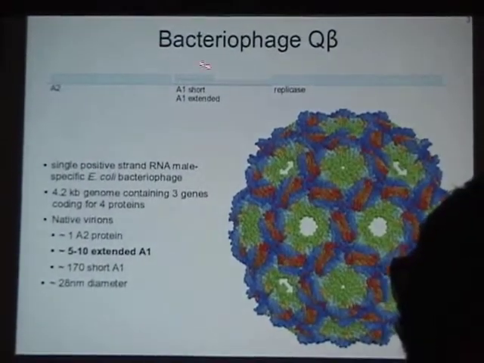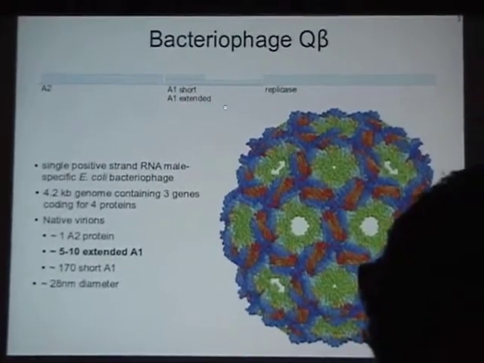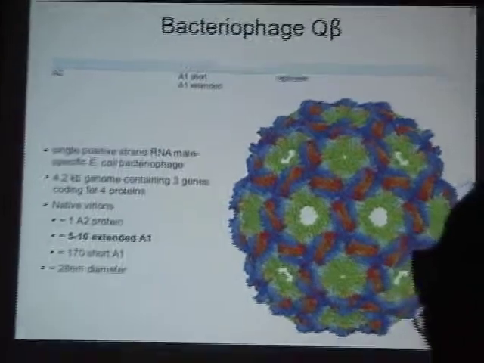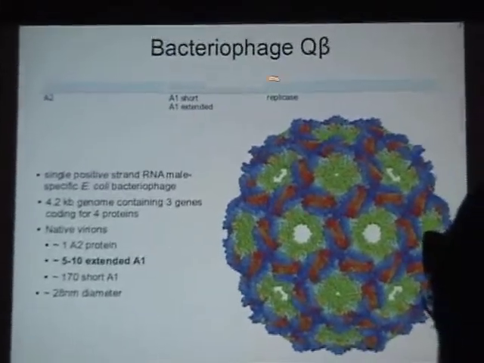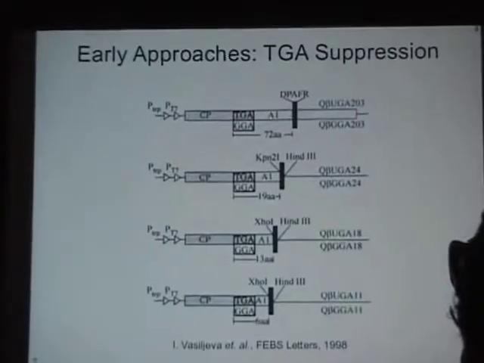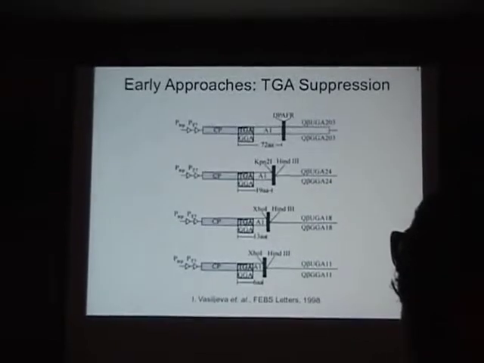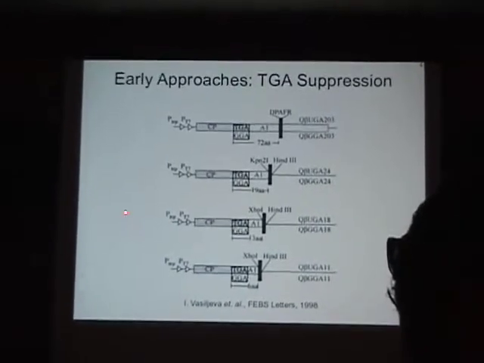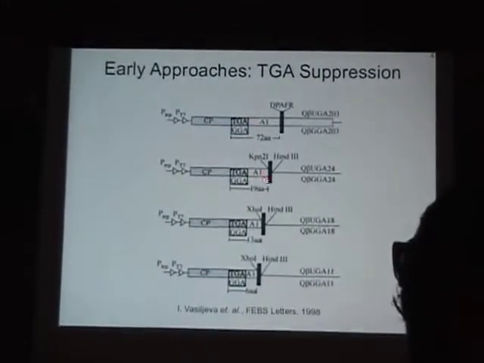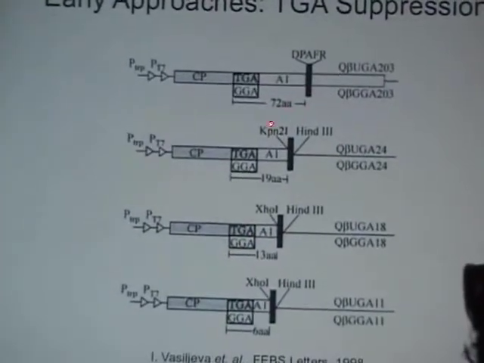But what's more interesting is that the bacteriophage takes advantage of the natural levels of TGA suppression by tryptophan to incorporate this A1 extension into the live virions. So previous work by Pumpens and co-workers at the University of Latvia took advantage of the same principle. And what they did was they cut down the A1 extension to 6, 13, 19, 17, 72 amino acids.